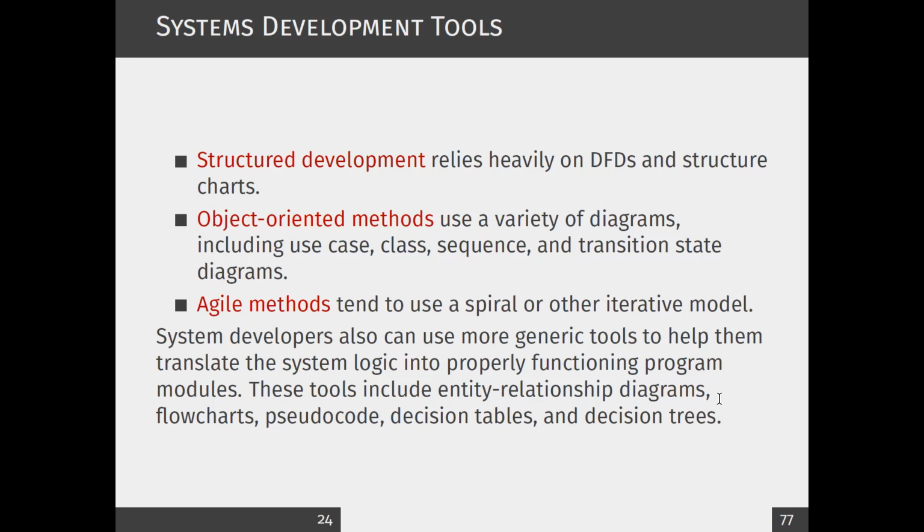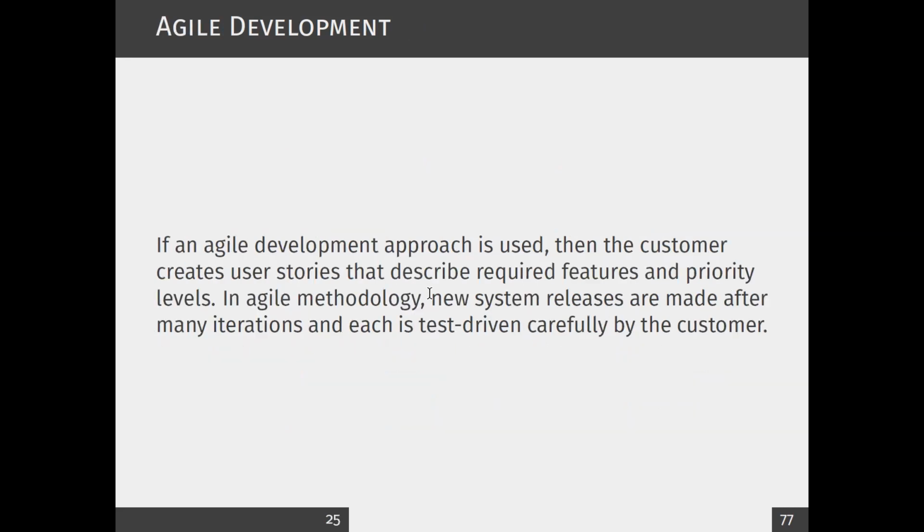So when you actually develop the system, you are going to use different tools. For example, when you're building a system, we normally come up with ER diagrams. We can create flow charts or pseudocode. We can also use decision tables and decision trees. We already discussed these earlier, right?